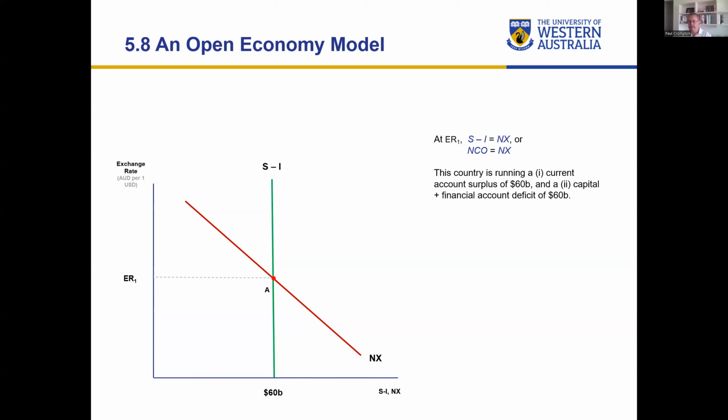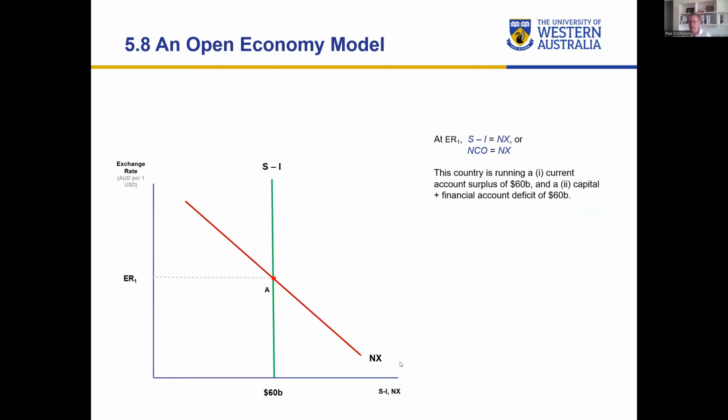So NX is X minus M. The X part creates a demand for the Australian dollar by foreigners. M, the second part of X minus M, creates a supply of the Australian dollar. So what we've actually got in this NX curve is a net demand curve.